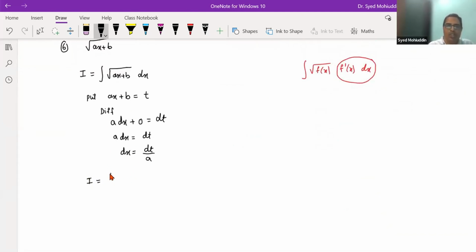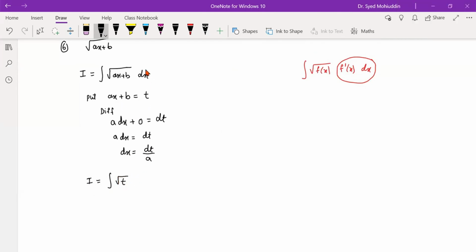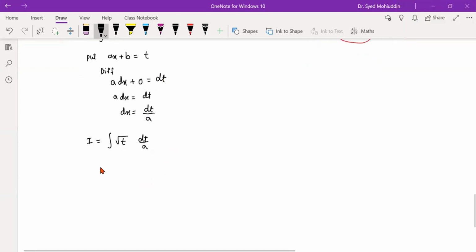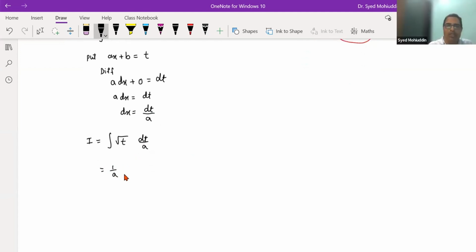Right? So now if you put back this value over here in the given integral, you'll be getting I is equal to the integral of root of ax plus b, which is t, and dx is dt by a. Right? Or I can take that 1 by a, because a is in the denominator, as a constant outside. Root can be expressed as power half. Root always represents power half, into dt.